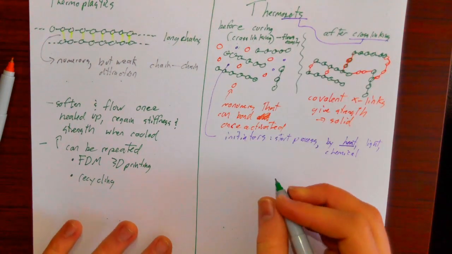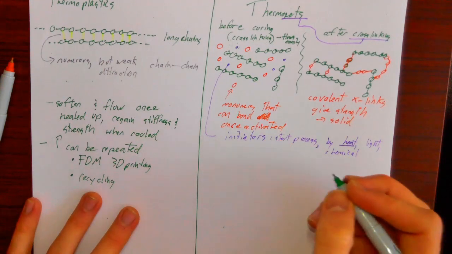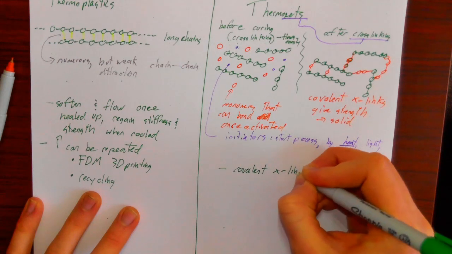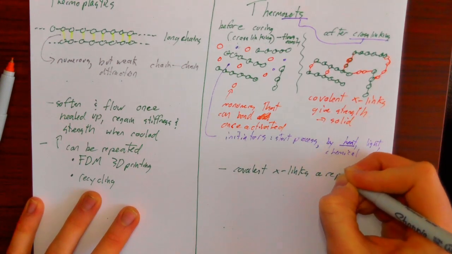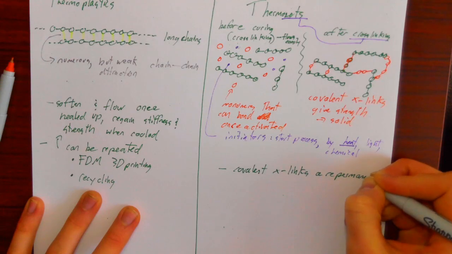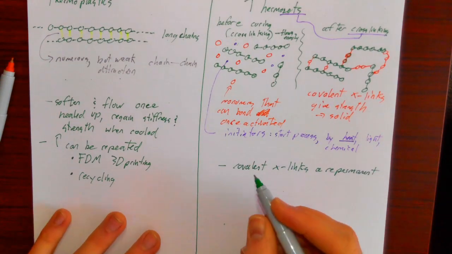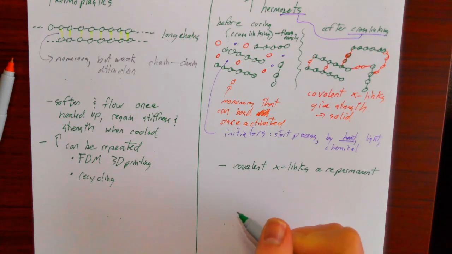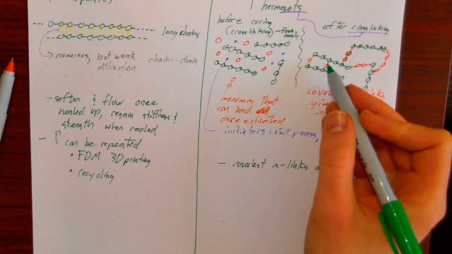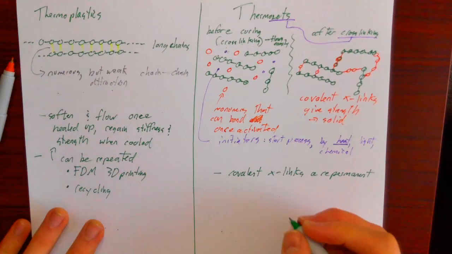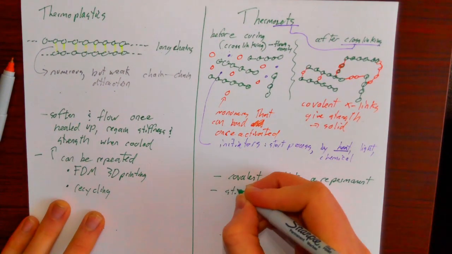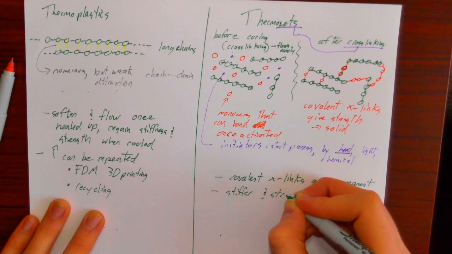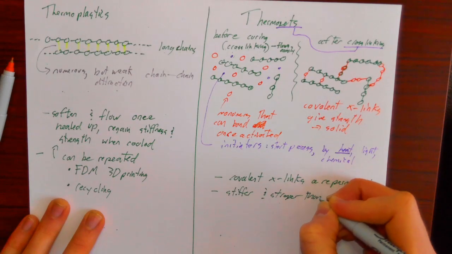We contrast this to thermosets, where basically the covalent bonds, the covalent crosslinks, are permanent. So what does this mean? That basically means that they're typically stiffer and stronger than thermoplastics.